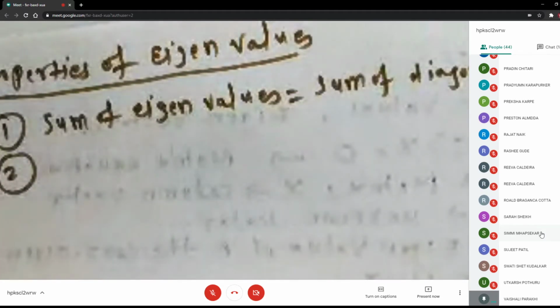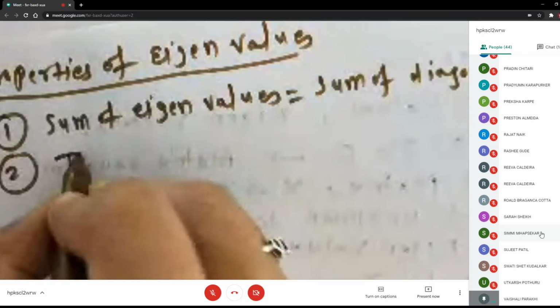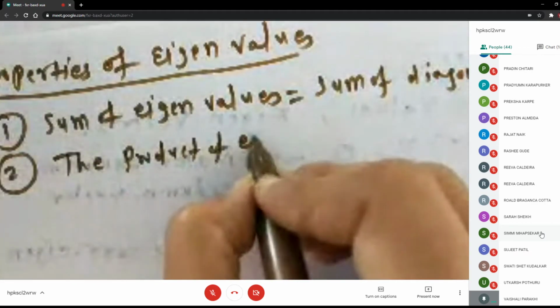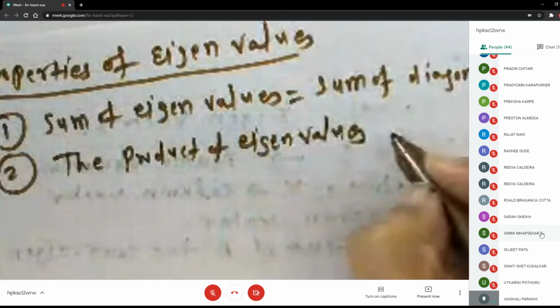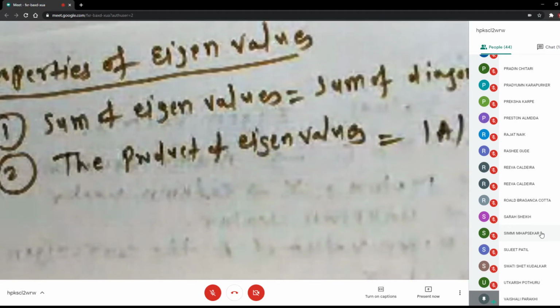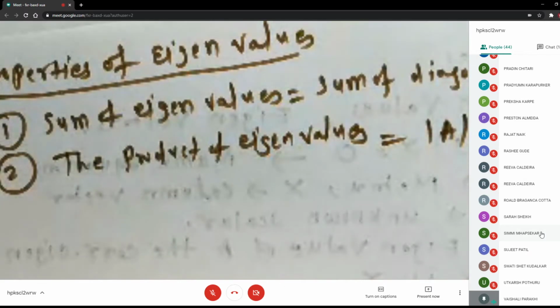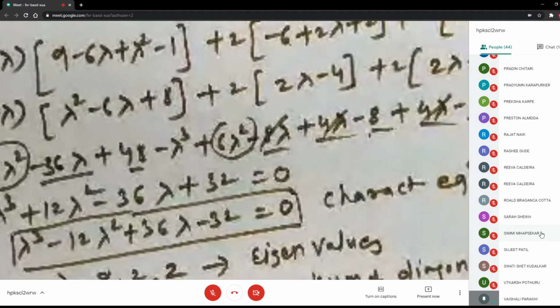Second one. Now this is one way to check whether your eigenvalues are correct or not. There is one more way to check. The product of eigenvalues is equal to determinant of A. You can verify it with the previous problems.